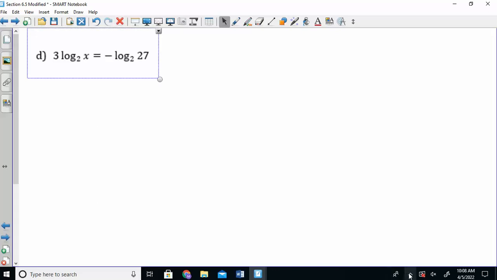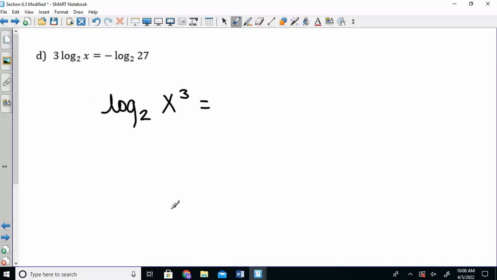Last one. I threw a trick on this one. So these are the problems we just did. We had the log on each side. And I said you had to get just a plain log. So what would I do with my 3? Okay. What would I do about this negative? Times a negative 1. Yeah, so this is just like a negative 1.